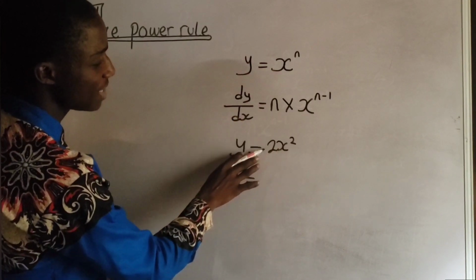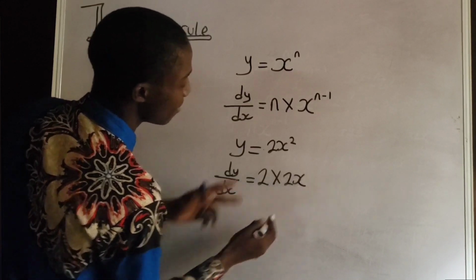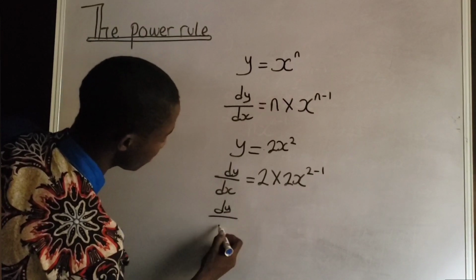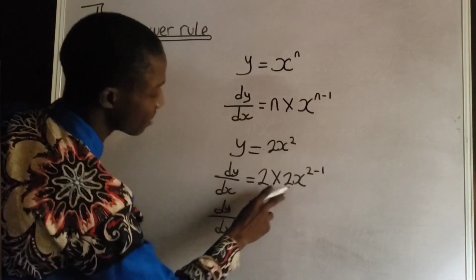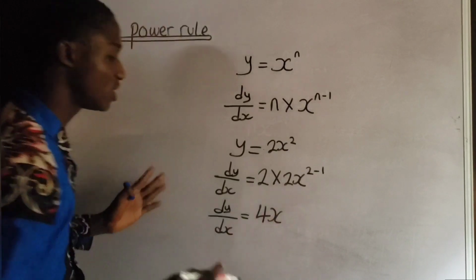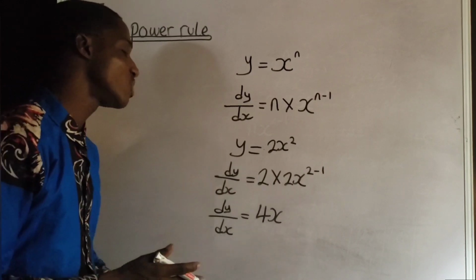So the power will multiply the coefficient, which is 2. I'm going to have 2 multiplied by 2x, and the power will reduce by 1. So dy all over dx is equal to 2 multiplied by 2x, that is 4x, raised to the power of 2 minus 1, that is 1. There is no need of writing it. So the derivative of y equals 2x squared using the power rule is 4x.